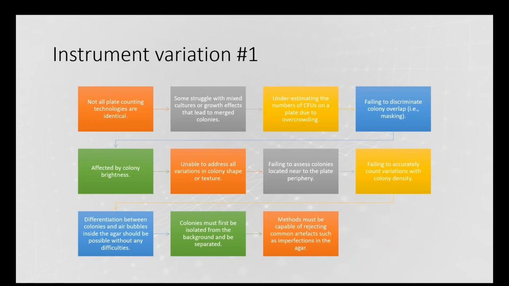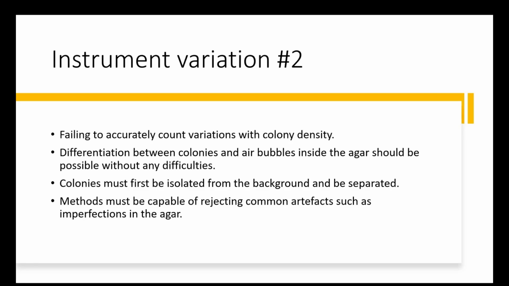There can also be, and if you hark back to one of the images we looked at earlier, a failure to assess colonies located near to the plate periphery, and also failing to accurately count colonies where increased density occurs. Also, if we've got variations in pigmentation, where we've got two very differently coloured colonies very close to each other, that can sometimes cause problems, false positives as well.